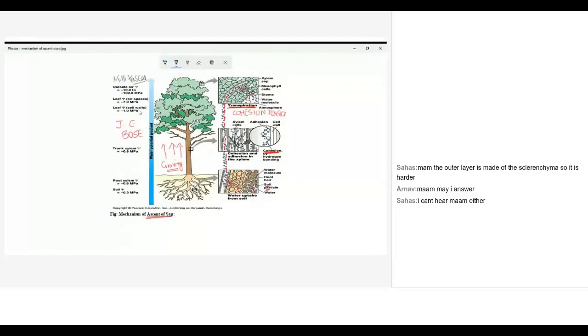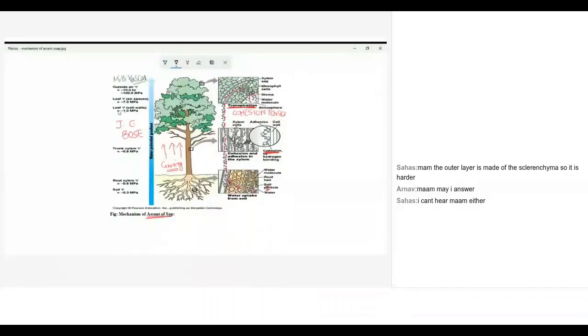So when you compare with outside air, the leaf pressure is less. Then take leaf cell wall. Its pressure is minus 1. Still less. So because the leaf cell wall pressure is less and outside pressure is more, you are getting evaporation process by means of transpiration. That's the key concept as a whole.